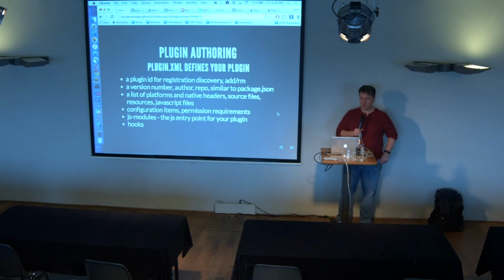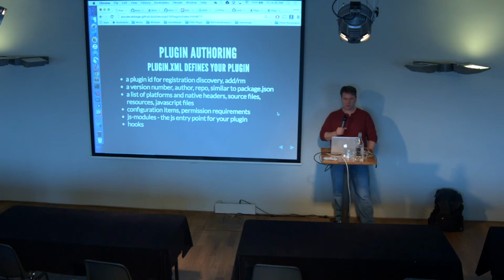So when you get started writing a plugin, plugin.xml is your place to start. So plugin.xml defines things like the ID for when you publish to NPM. It's also got a version number and typical metadata, author, repo, and it's very similar to package.json, and it will actually get turned into package.json, and I can show you how to do that.